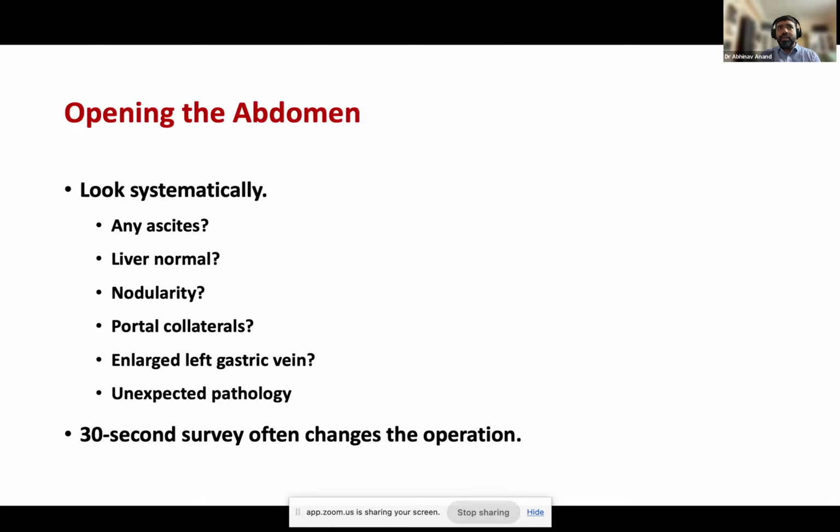So in our center, sir, we offer them surgery if they have bled and if they have required hospitalization or if they have required major blood transfusion. We provide them the option of whether they want to undergo surgery or if they want to continue endotherapy or be on beta blockers. Okay, right, sir. Go ahead.